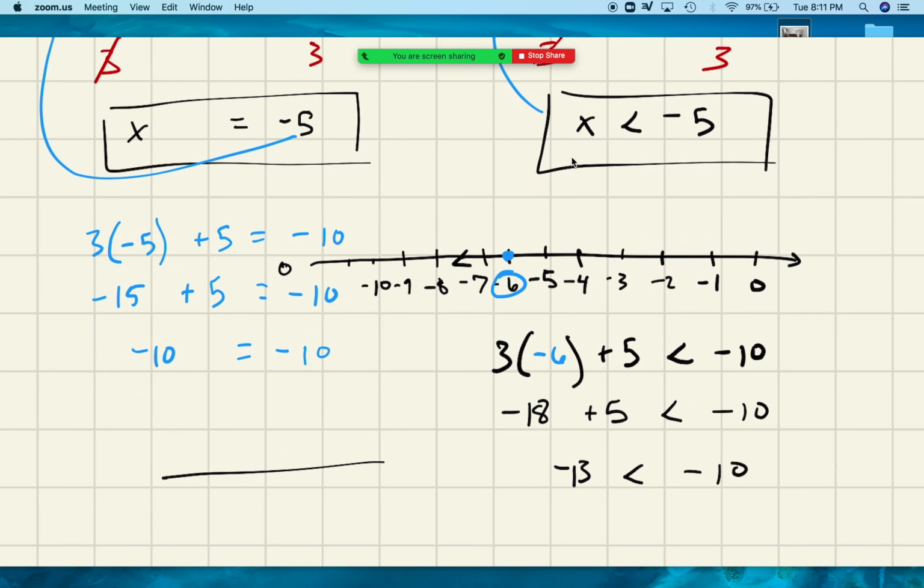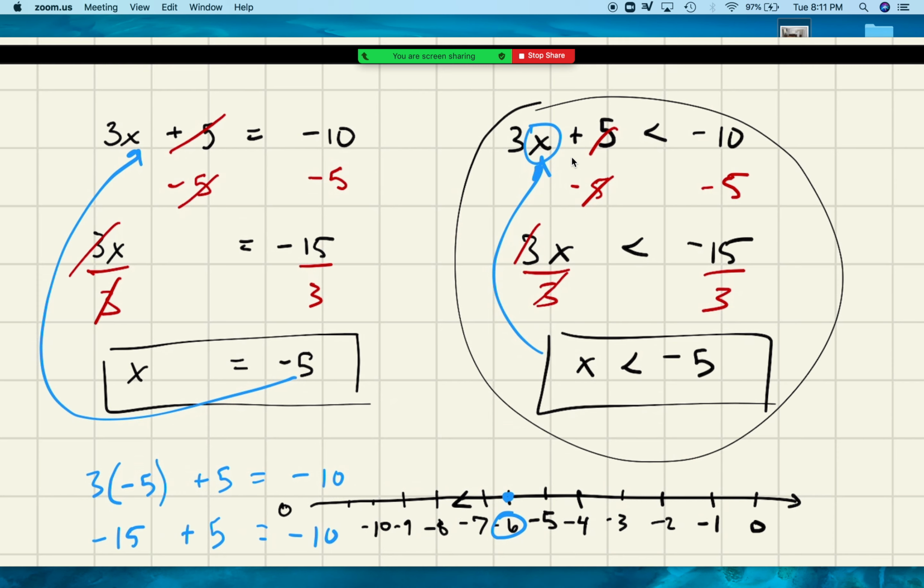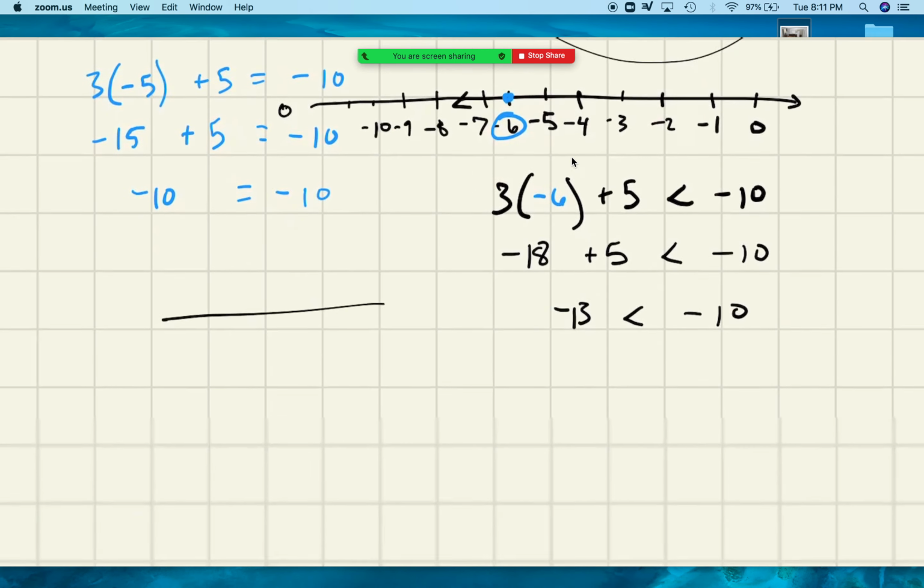So everything's the same for inequalities. All the steps are the same actually. We still did the minus 5 just like we did here, and we still divided by 3 just like we did here. So all that's the same.